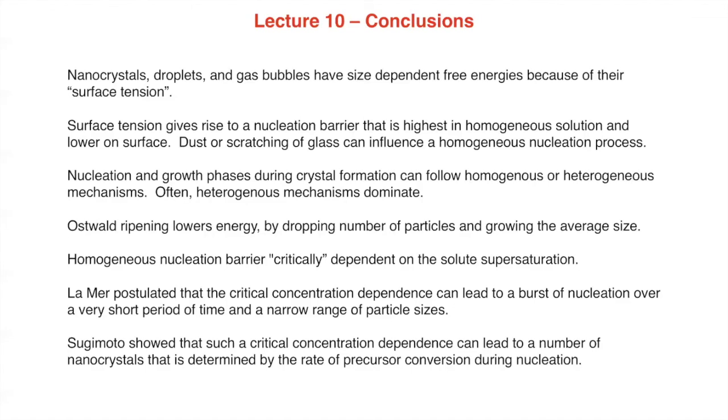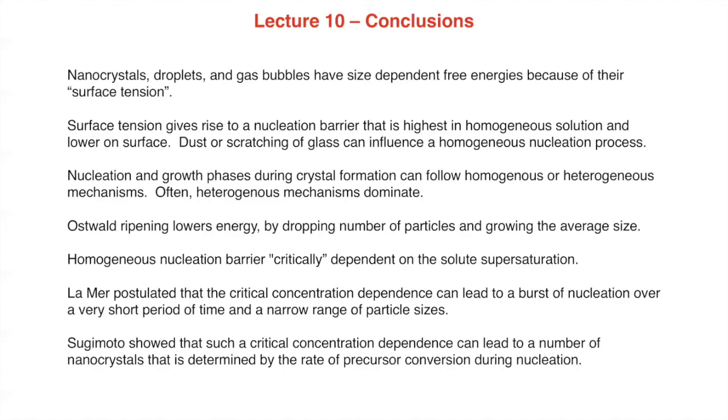There are many different mechanisms for crystal growth. Some are homogeneous, some are heterogeneous. I would say there are as many mechanisms as there are materials or more. So there's an awful lot to be learned here, and I would say we have very limited intuition about how and why these reactions work the way they do.